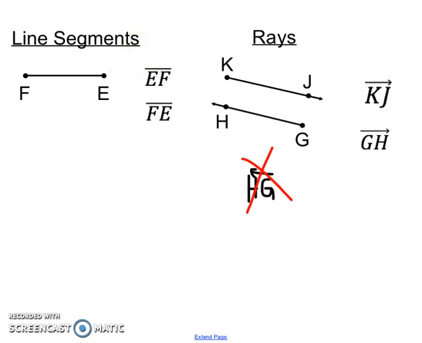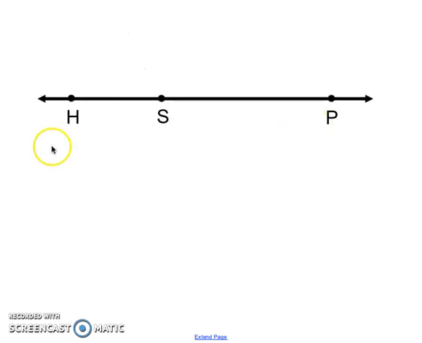Inside of any line, you can talk about a line segment. So if I have this line, I could refer to just any smaller piece of that line, so like this would be line HP, or you could call it line HS, or line SP, or line PS, or PH. All of those are fine if you're referring to the line. But what if you just wanted to talk about that line segment within the line?